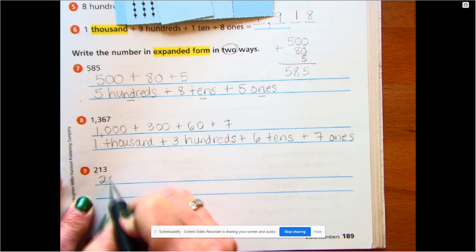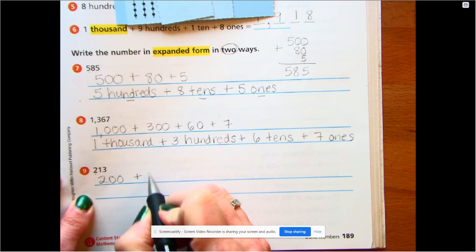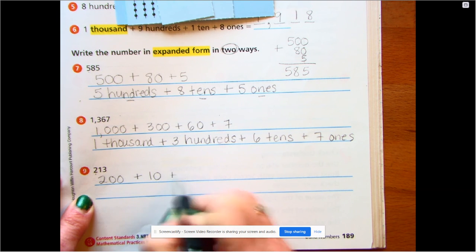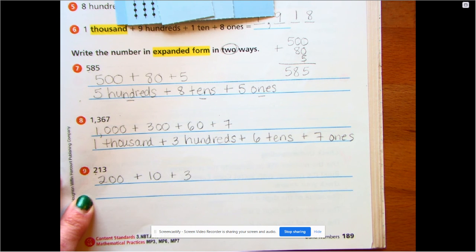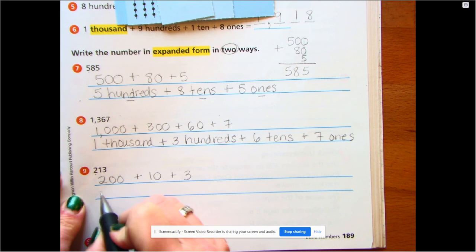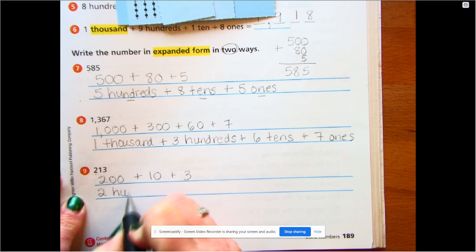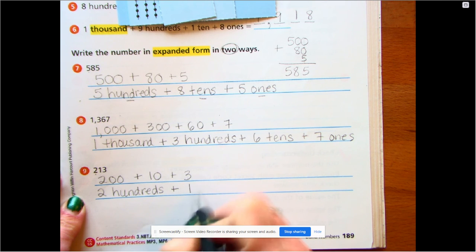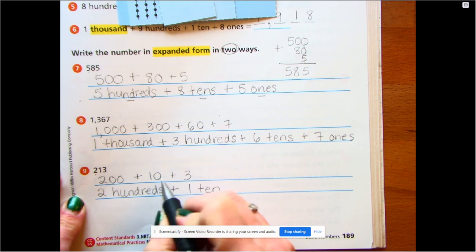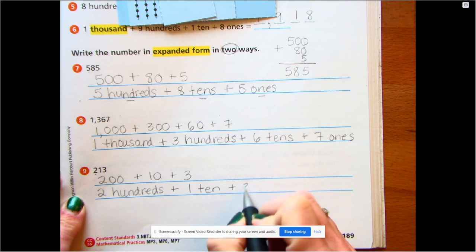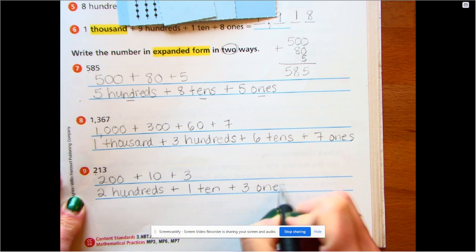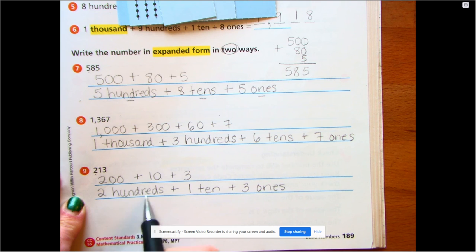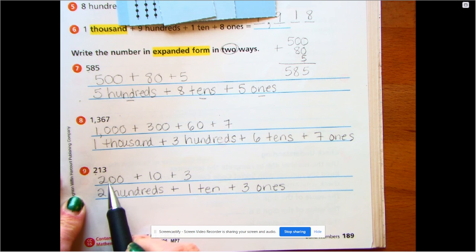Number 9, 213. 200 plus a 10 plus 3 ones. You can use your secret code cards to build that number. So now, if I stretch it out with the words, I have 2 hundreds. I have 1 ten, which equals 10, and I have 3 ones, right? 2 hundreds equals 200. Okay?